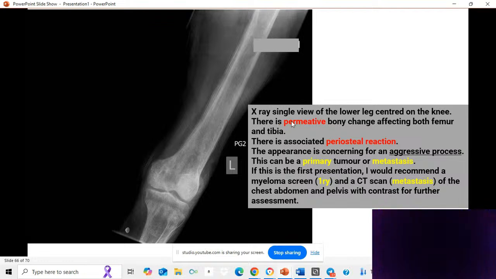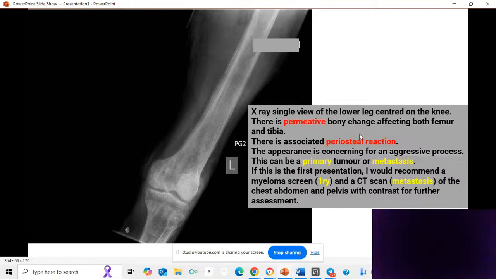There is permeative bony change affecting both the femur and the tibia. Multiple destructive bony lesions affecting multiple bones in the body.